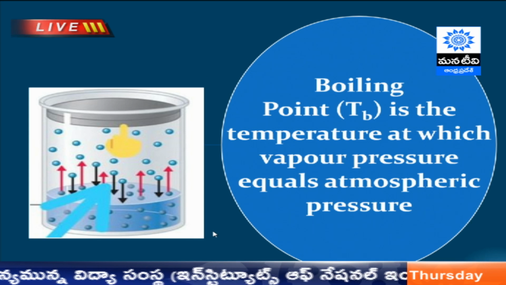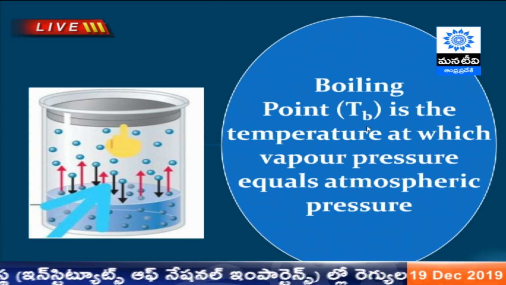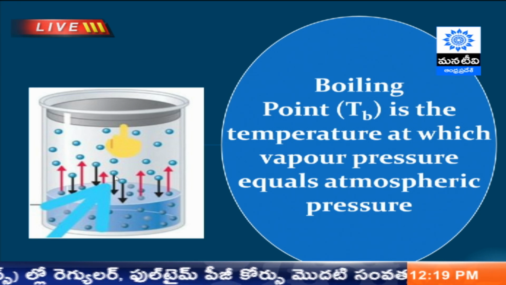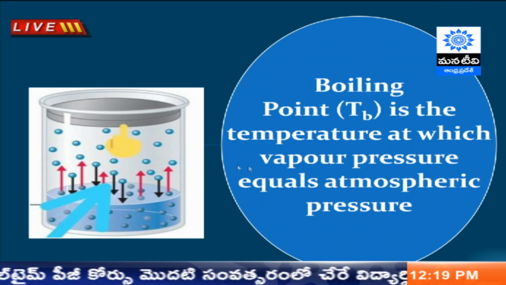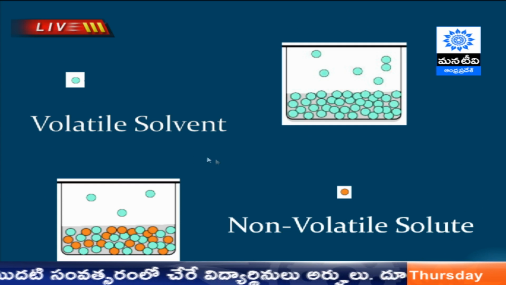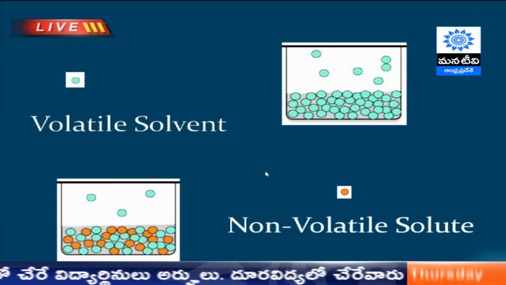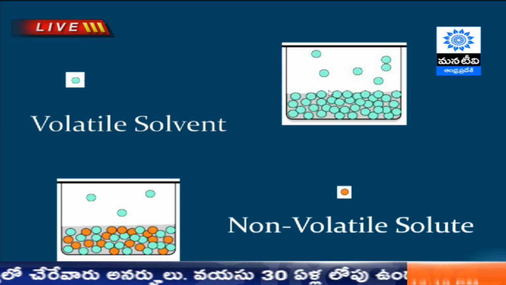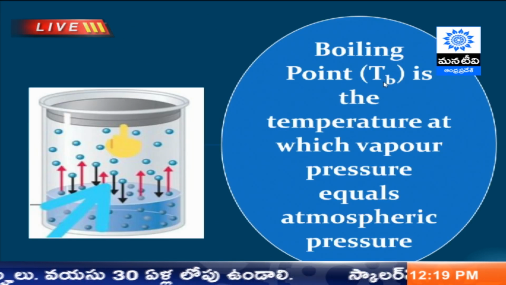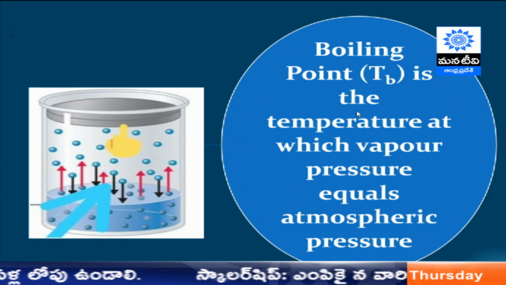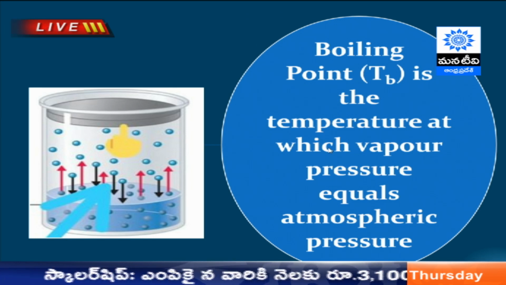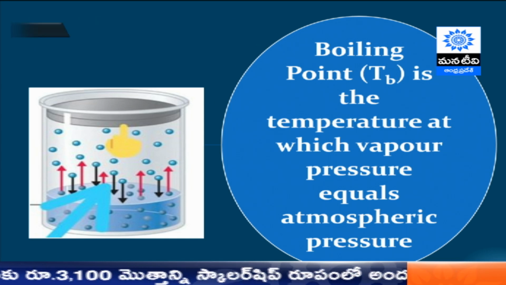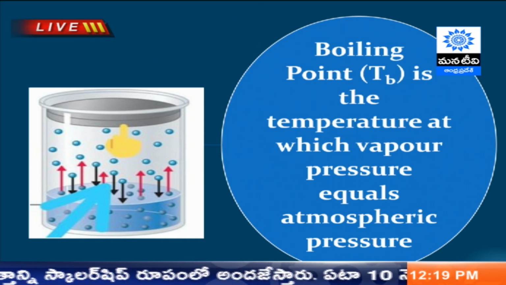As already shown to you, boiling point is the temperature at which vapor pressure equals the atmospheric pressure. Now, when you add a solute, it decreases the vapor pressure, as already discussed.